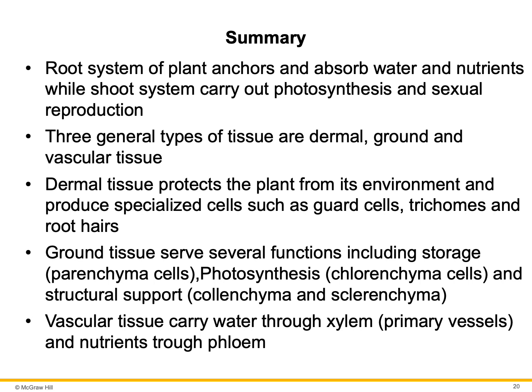Dermal tissue protects the plant from its environment and produces specialized cells such as guard cells, trichomes and root hairs. Ground tissue serves several functions including storage, photosynthesis and structural support. Lastly, vascular tissue carries water through xylem and nutrition through phloem.